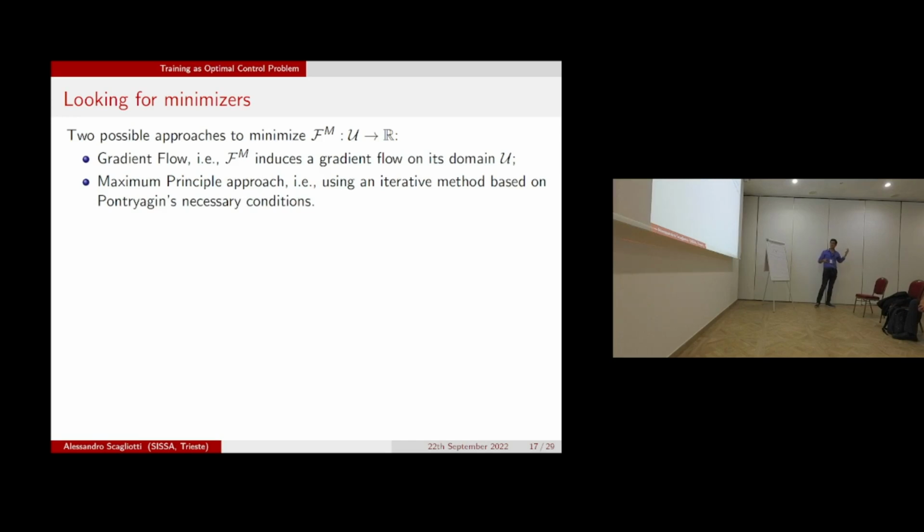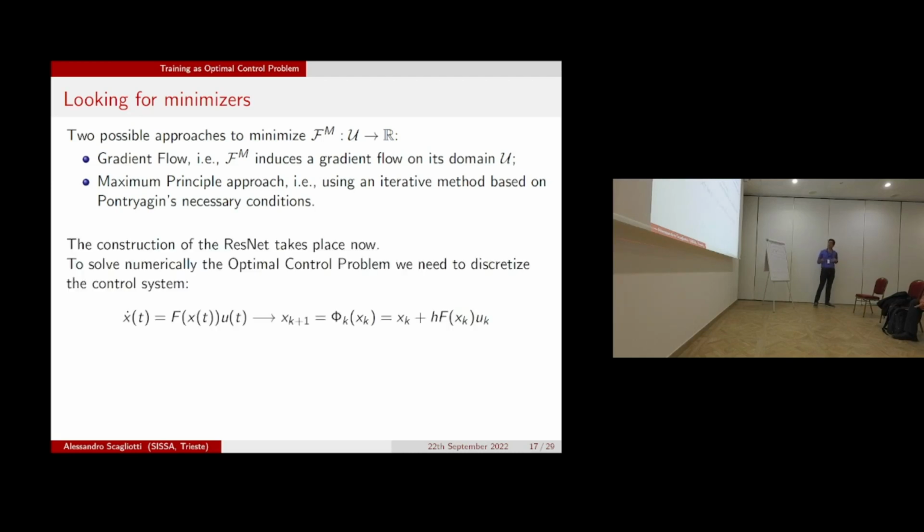And the second approach, which is in some respects quite similar, is to use numerical methods based on the Pontryagin maximum principle. Not entering into the details, but I'm just telling you that the construction of the ResNet takes place exactly now.